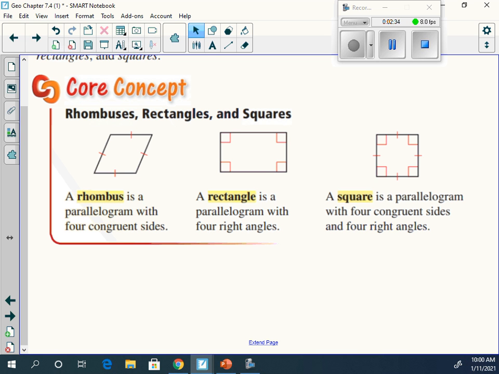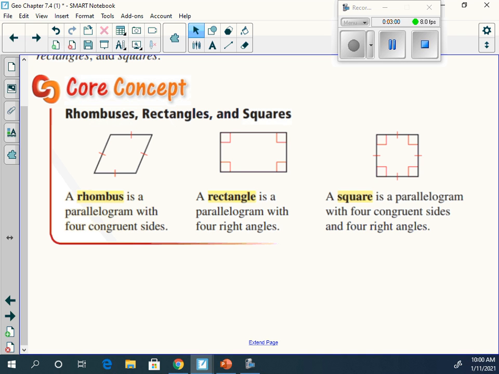Well, no. What else do we know? A rhombus and a rectangle are also parallelograms, yes? So a square is always a parallelogram, but a parallelogram is not always a square. The same thing would be true for rhombus and rectangle, yes? Because a rhombus is a parallelogram, but a parallelogram is not always a rhombus.